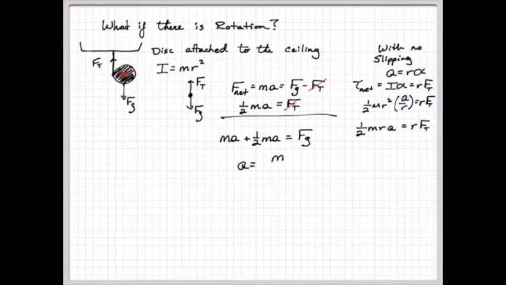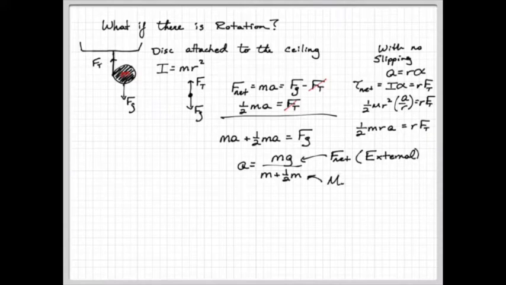Now by factoring out the acceleration, we can solve for the acceleration by simply doing the force due to gravity, mg, divided by m plus 1/2 m. Again, remember what we referred to in the last example. On the top, we see that this is the net external force. It's the only force actually causing a change in what's going on in the system.